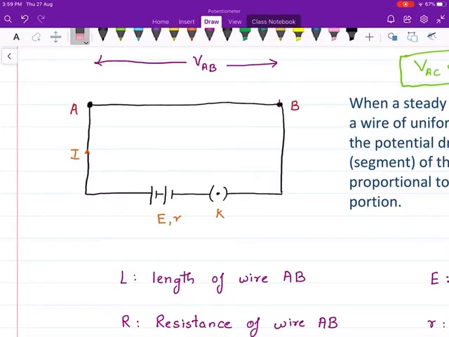Okay, between these points A and B is our potentiometer wire, and I have just shown it in one straight line, just for the sake of ease in drawing this diagram. We have a source of EMF connected over here, that is the cells or batteries having EMF E. Current I is flowing through it.